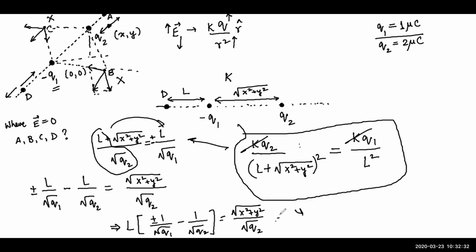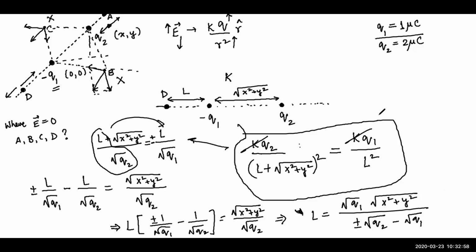And I can go further and finally write the expression for L. So that would look like L is equal to square root of Q1 times square root of x squared plus y squared divided by plus or minus square root of Q2 minus square root of Q1. Okay, so do the algebra and you will find this as the result of that algebra.